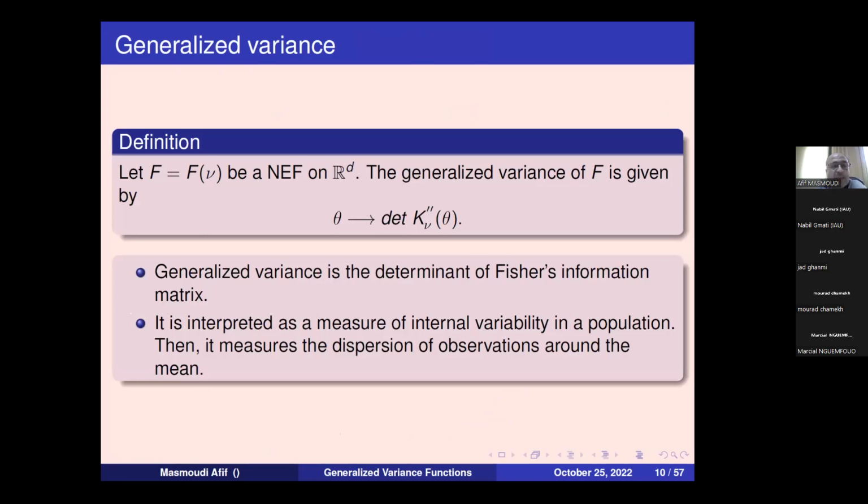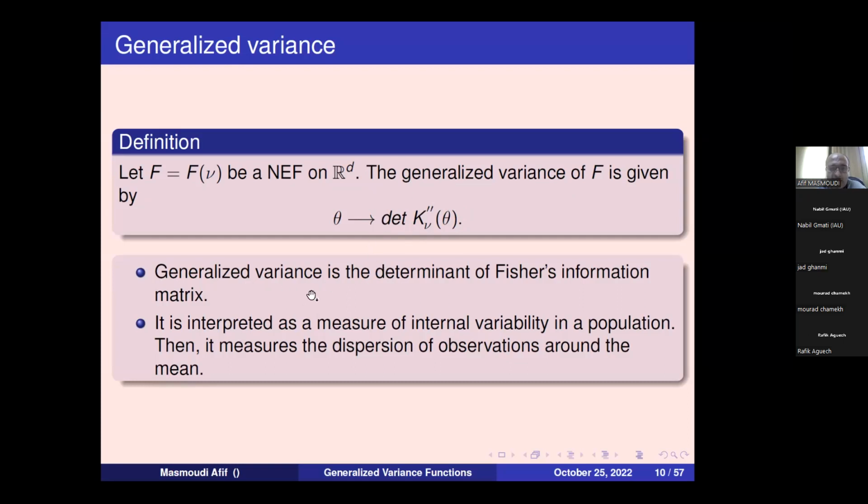The second part of my talk is about the generalized variance. The definition: let F be a natural exponential family on RD. The generalized variance of F is given by the determinant of the covariance matrix.